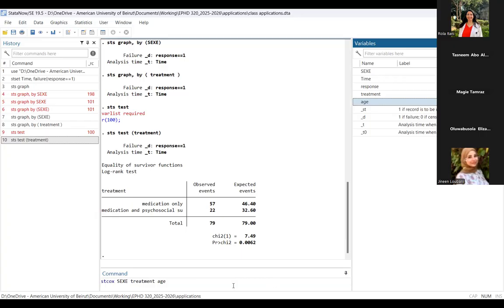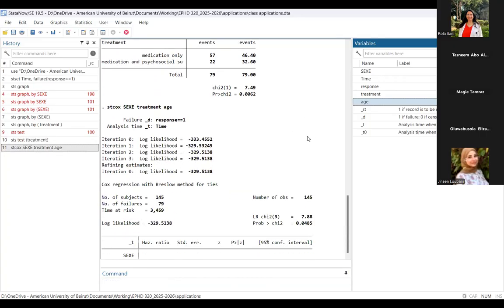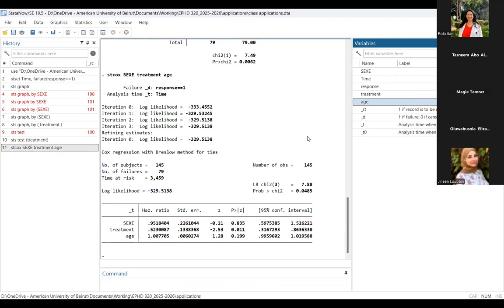Okay, and then here it is. Treatment again. So if you recall the adjusted hazard ratio when we had it as a multivariate model with age grouped, it was 0.511. Do you recall, ladies and gents?